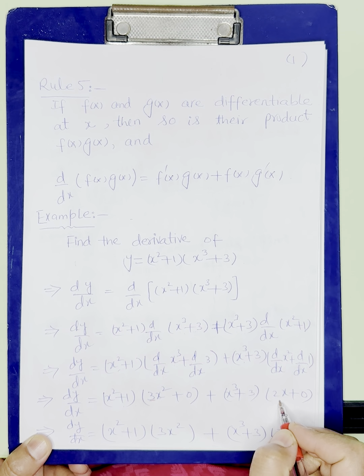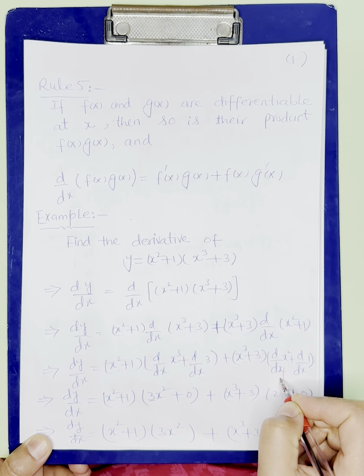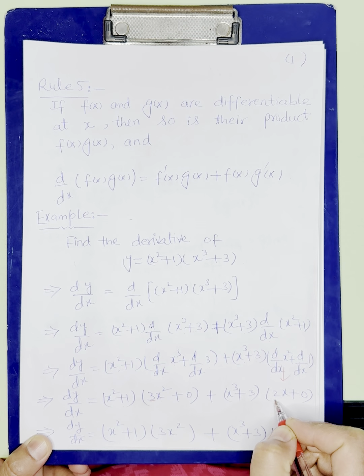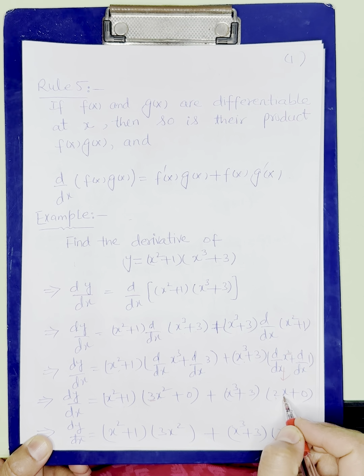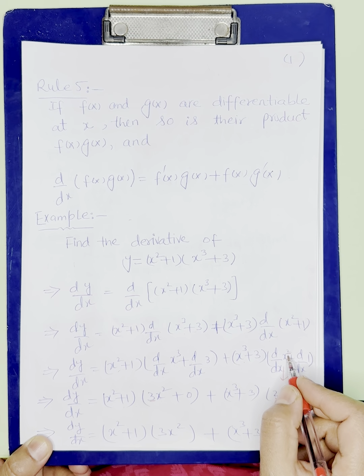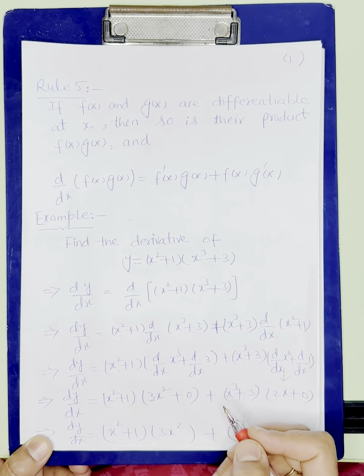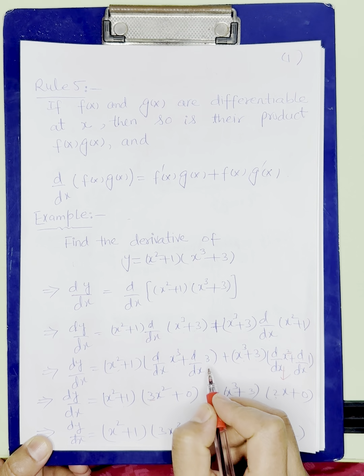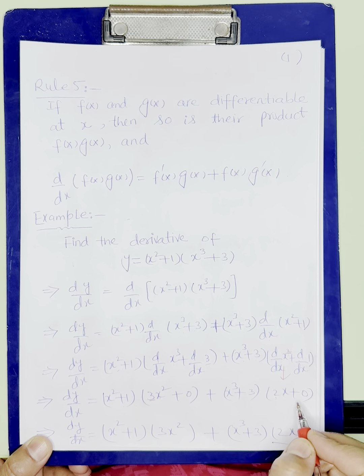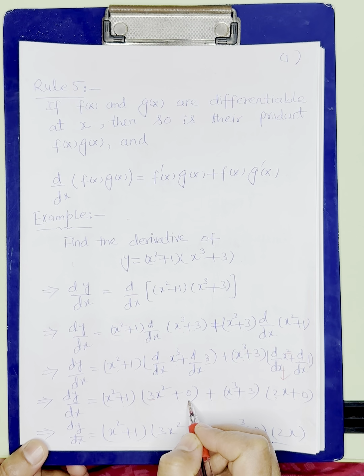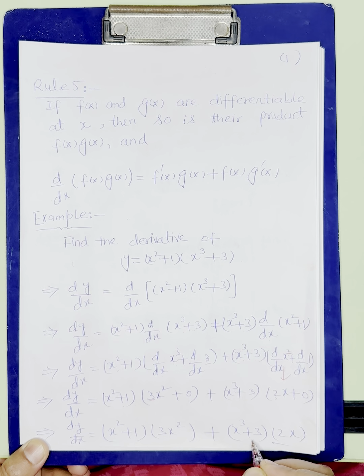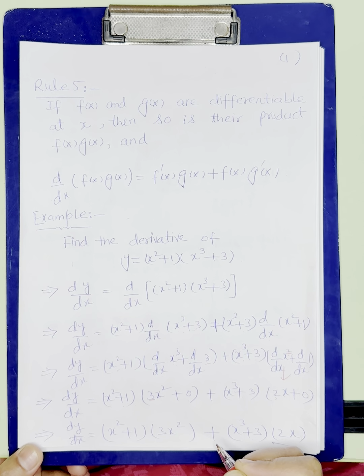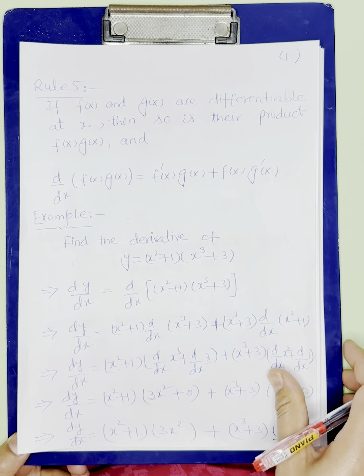Similarly, derivative of x square is calculated by using power rule, and according to power rule, power is written over here and 1 is subtracted from the power of x. Since the derivative of any constant is 0, therefore the derivative of 3 and derivative of 1 both are 0. After multiplying 3x square with x square plus 1, 2x with x cube plus 3, and adding the resultant terms, we will get the required answer.